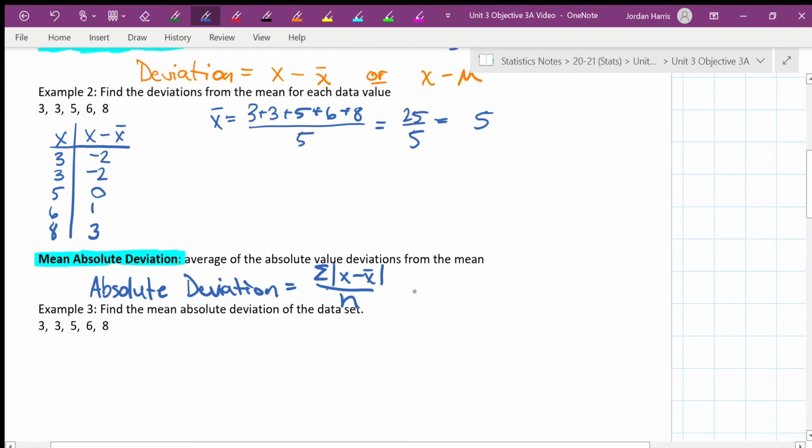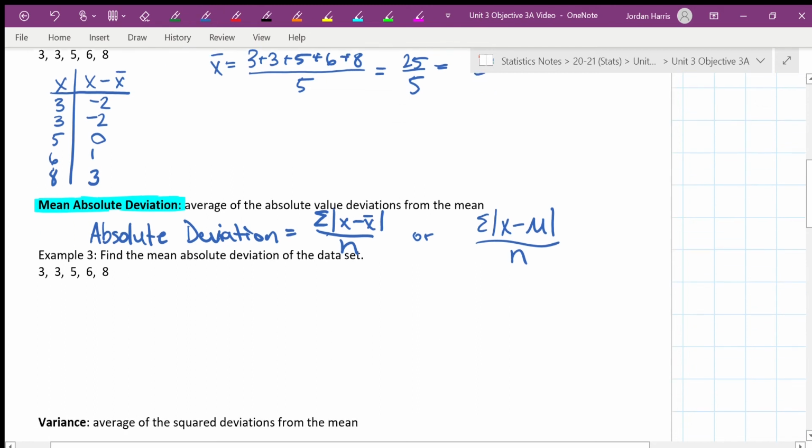I can write in the same formula with the population. Notice absolute means absolute value. Deviation is the deviations from the mean, which we just talked about. I have the same numbers, so I know my deviations already.